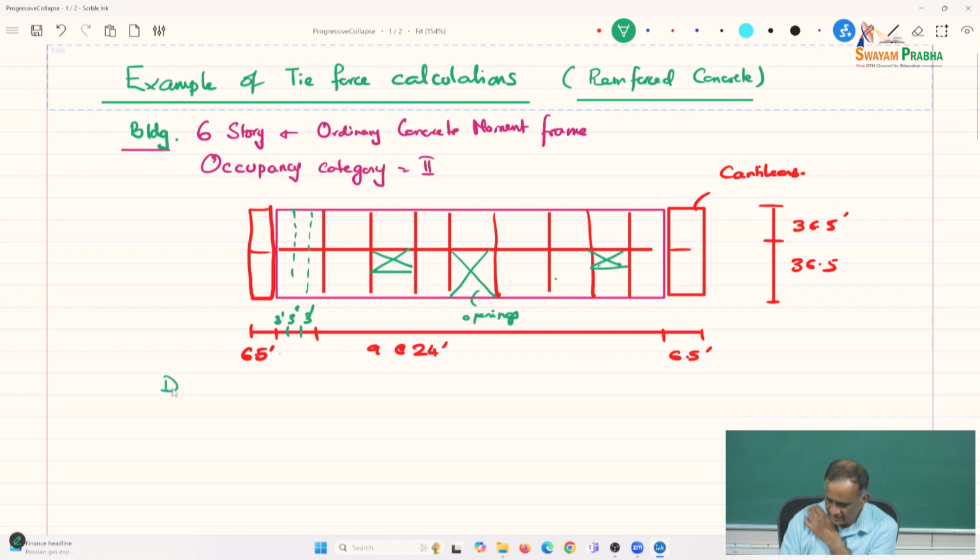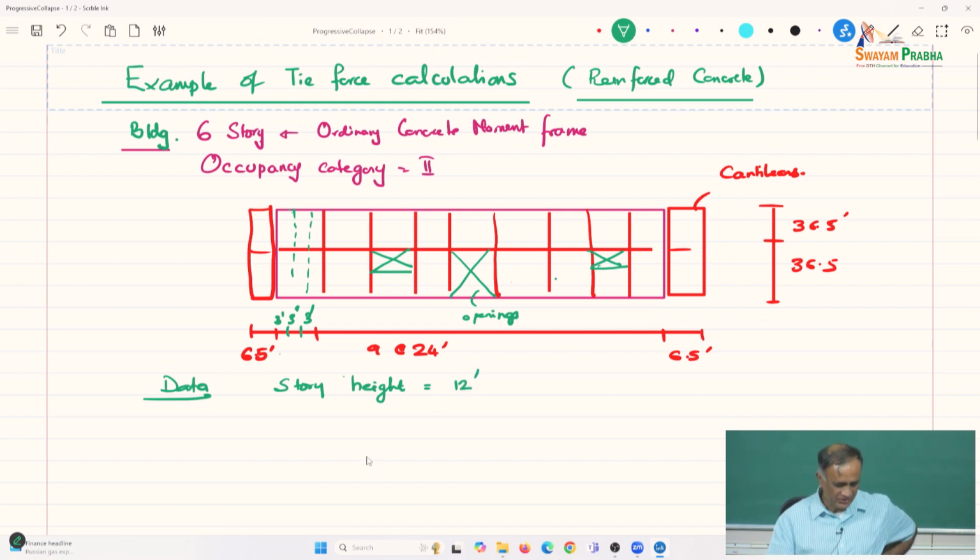The data given is story height. We spell story there as S-T-O-R-Y. I think here you may have it as S-T-O-R-E-Y, either way. Story height, color. If I write C-O-L-O-U-R there, autocorrect will change it to C-O-L-O-R.